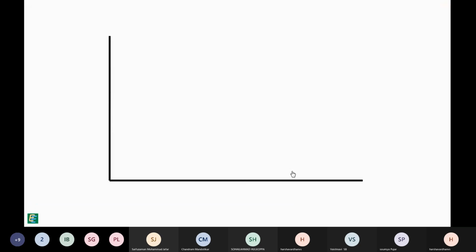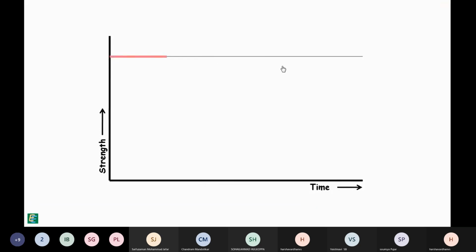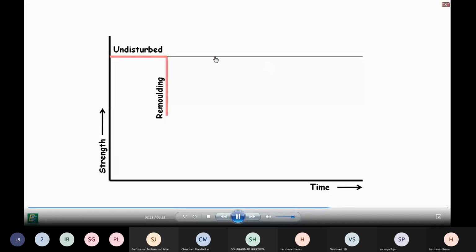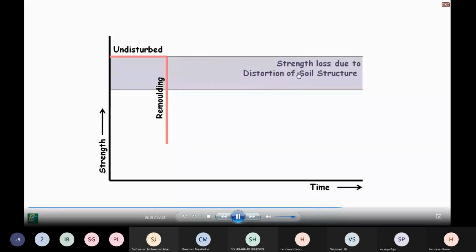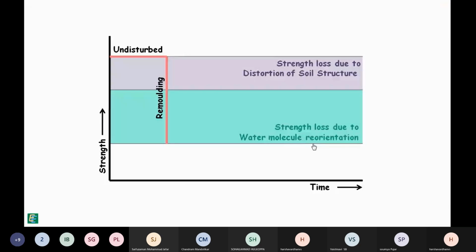If you plot a graph of strength against time, this line represents the original or undisturbed state. We remold the soil, and it loses its strength. This portion represents strength loss due to distortion of soil structure, and this portion represents strength loss due to water molecule reorientation.